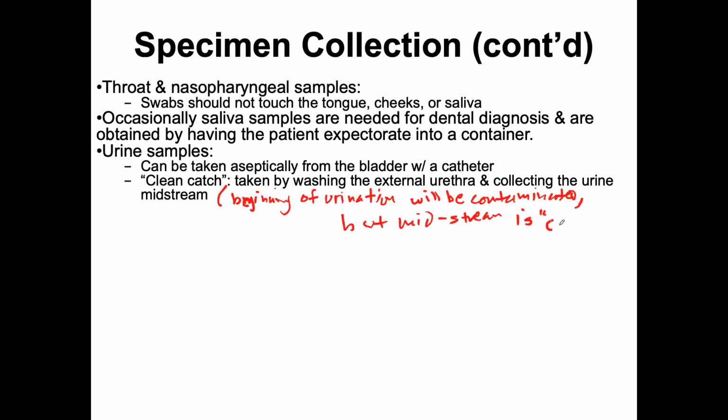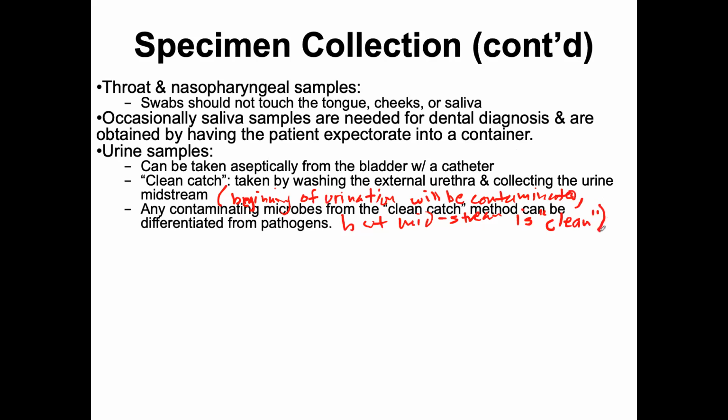And by clean, you mean doesn't contain bacteria that come from healthy tissue. There's bacteria that might cause a UTI, say. Any contaminating microbes from the clean catch method can be differentiated from pathogens relatively easily. The dirty catch is the first urine that is needed for some samples.